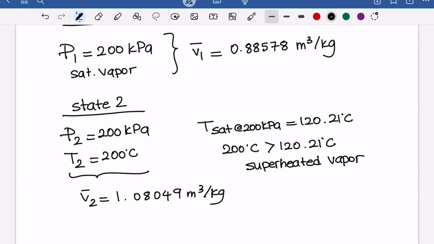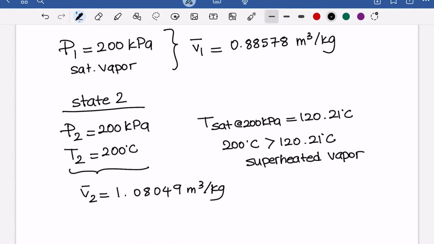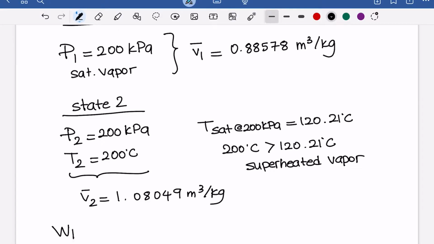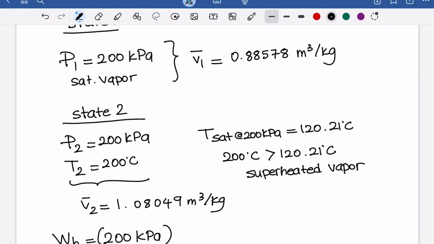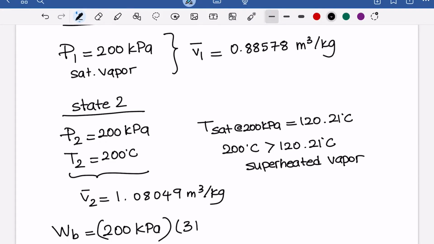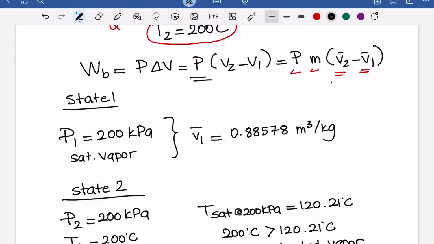Very good. Now we already have what we need to solve this problem. Because for the boundary work, the pressure is 200 kilopascal. We write it down. We also need mass. Mass is 3 kilogram. Now the specific volume difference.